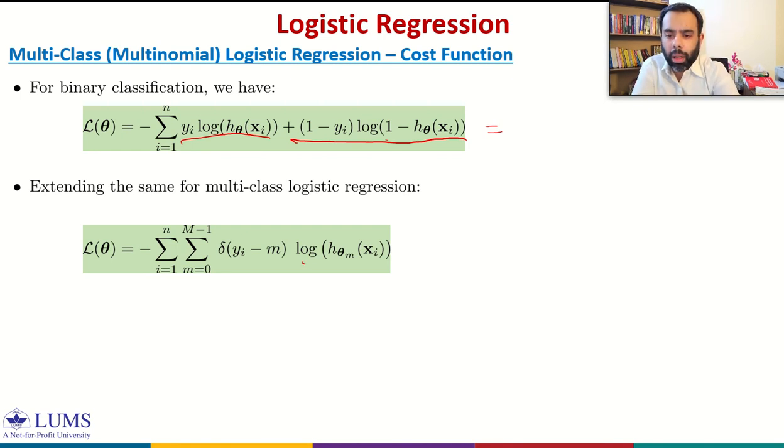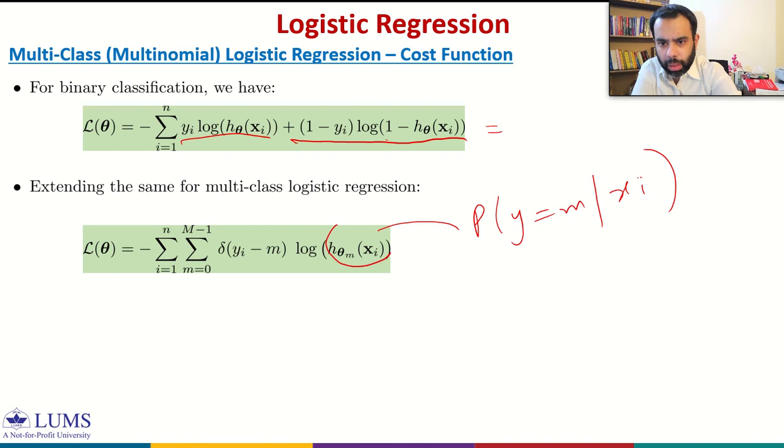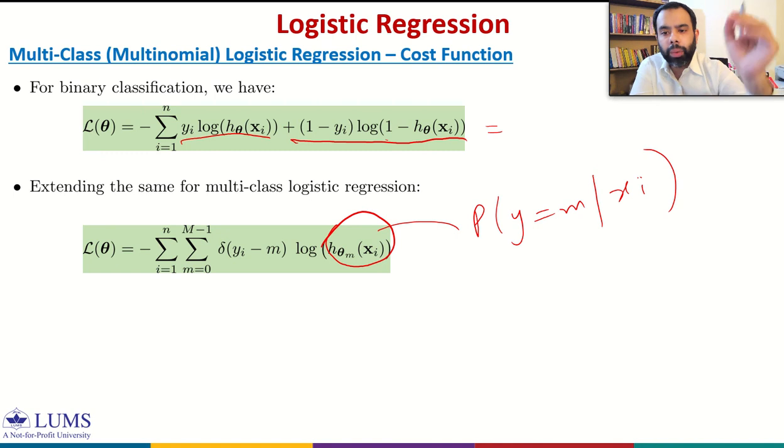So here, log of h theta m of xi. What is this? The probability y is equal to m given xi. We take a log of that, right? And this is a delta function here. This delta function gives you 1 when the true label is m.